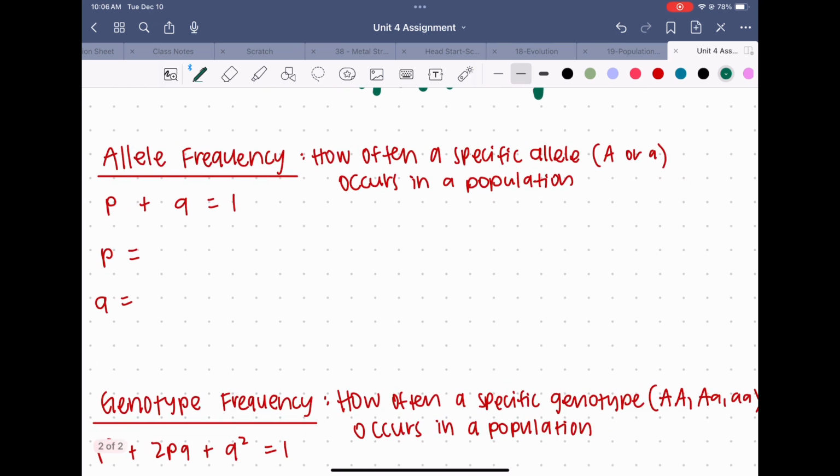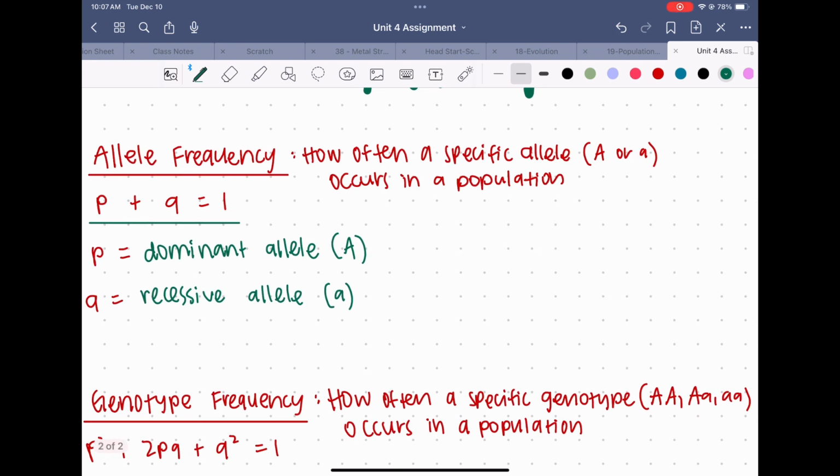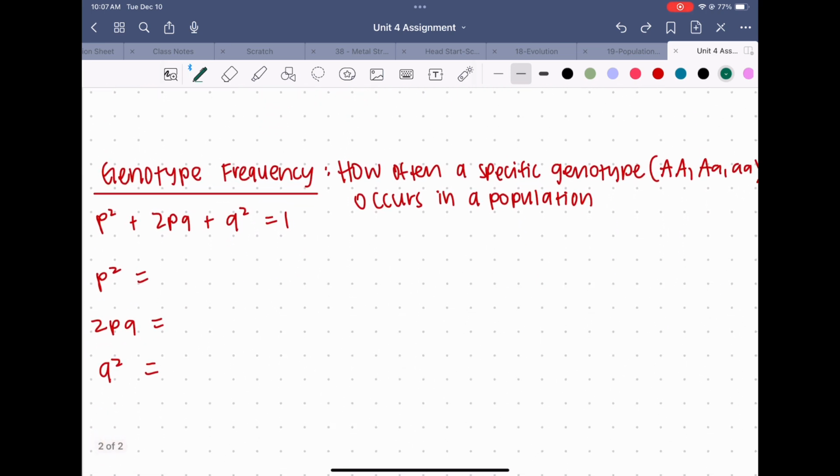So when we're talking about allele frequency, it's really important to remember this equation, P plus Q equals 1, where P is our dominant allele, so that's like big A, and Q is our recessive allele, so little a. And allele frequency is how often a specific allele occurs in a population. So that's looking just specifically at the alleles.